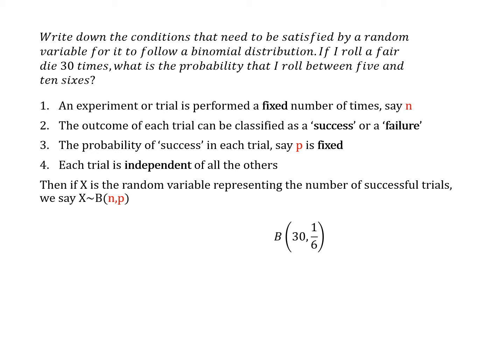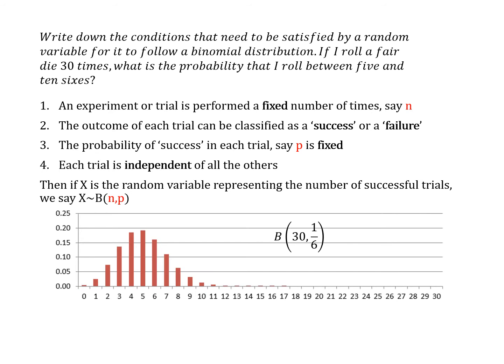So what I'm going to do is show you initially what the distribution actually looks like. This is B(30, 1/6), and you can see the height of each of the little red bars represents the probability of each of these values of X. X could be as small as 0, we might get no 6s, or as big as 30, we could possibly get 30 6s.